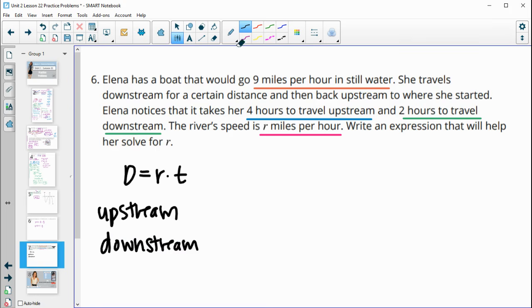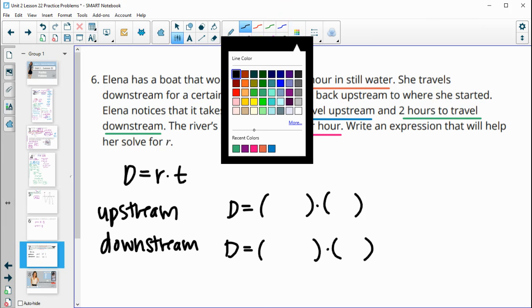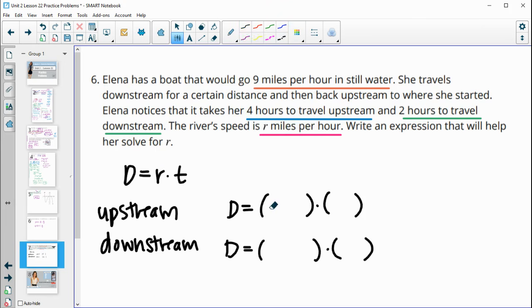So we don't know the distance here, but we do know she traveled the same distance. And then we're going to be wanting to look at her rate and her time for both of these. So remember that her rate in still water is 9. So if she was just in still water, her rate would be 9 miles per hour.